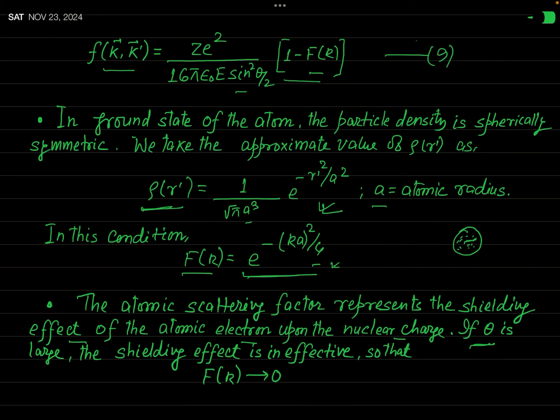So in this limiting condition, when you consider a larger value of the scattering angle, the effect of shielding of electrons on the nuclear charge may be neglected, and the parameter f of k, which is the measure of the shielding effect, will tend toward 0. So f of k may be taken as almost equal to 0.